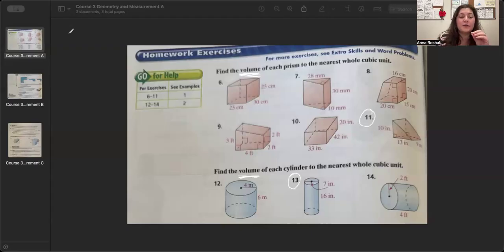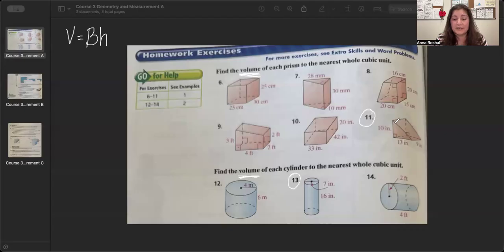So the volume of any of these particular shapes is going to be the area of the base times the height of the shape. So for example, in this triangular prism, that's number 11, we're going to find the area of the bottom triangle and multiply it by the height of my prism.